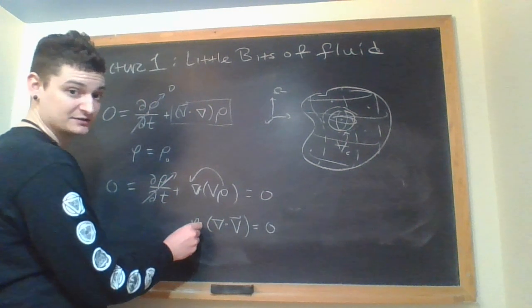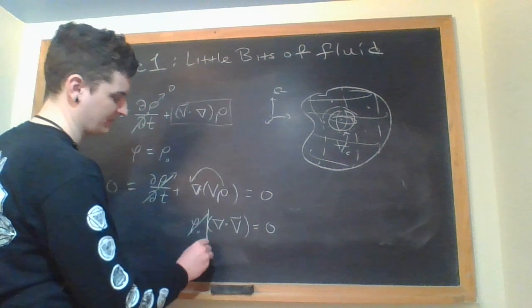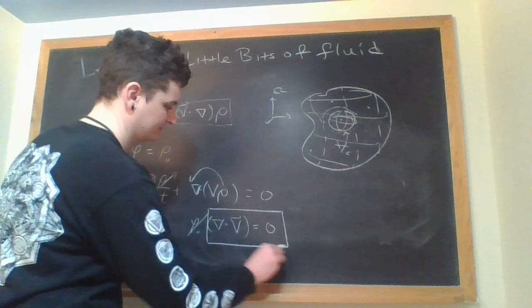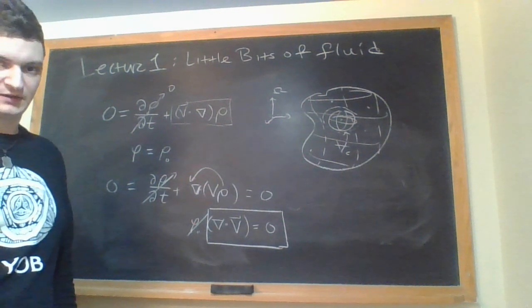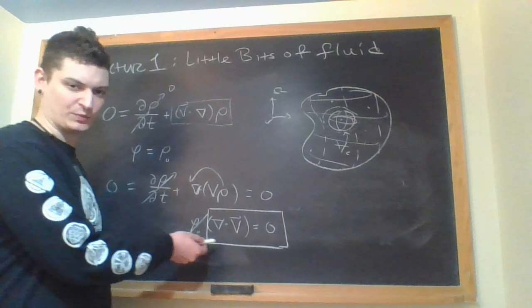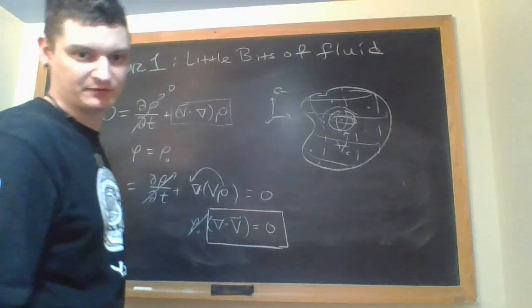Right? This is a constant value, so it's non-zero. That means that for conservation of mass, you get this divergence-free velocity field. And this equation is used a lot to predict velocities given one of them. And we can see that later on when we use it later.